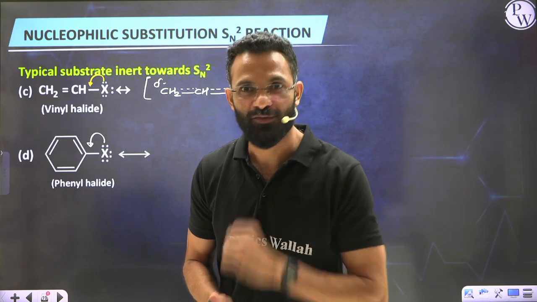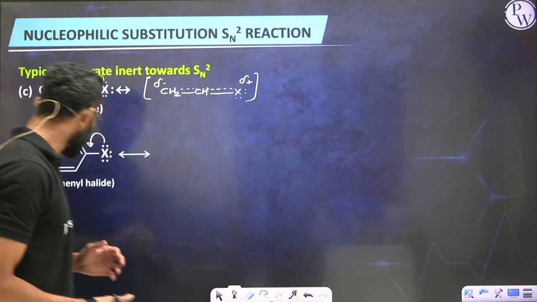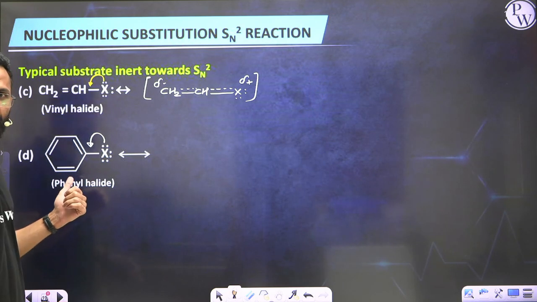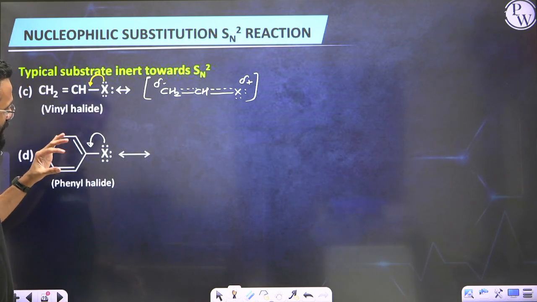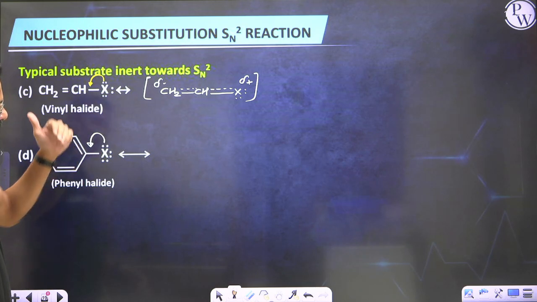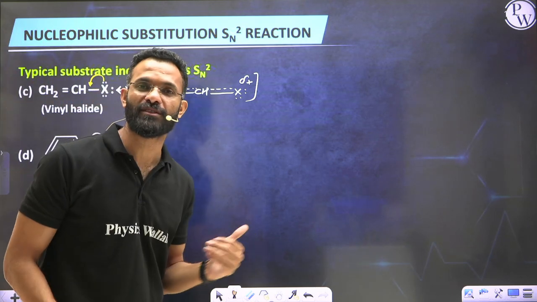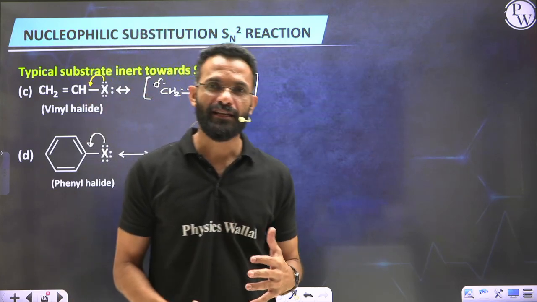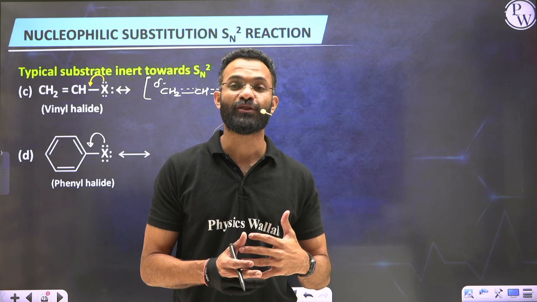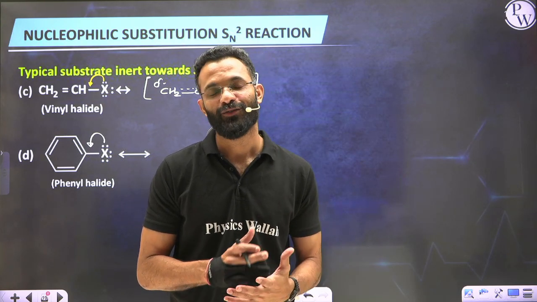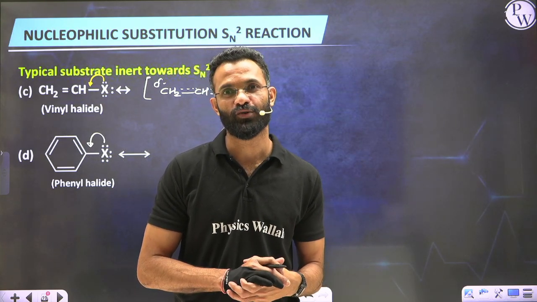However, let me tell you, if you introduce a strong electron withdrawing group at the ortho or para position of this phenyl halide, then this substrate can undergo nucleophilic substitution reaction. So you need either the presence of EWG or drastic conditions for such nucleophilic substitution reaction to take place.